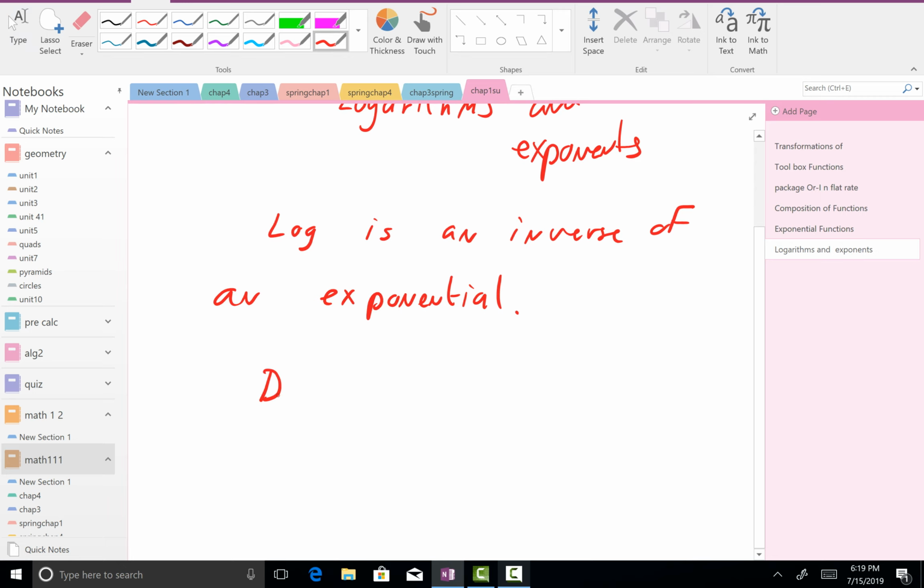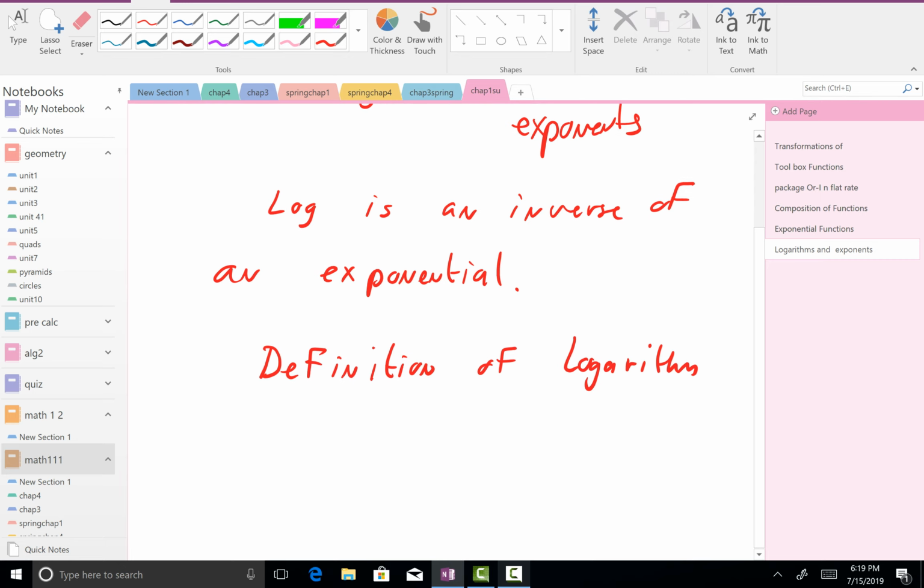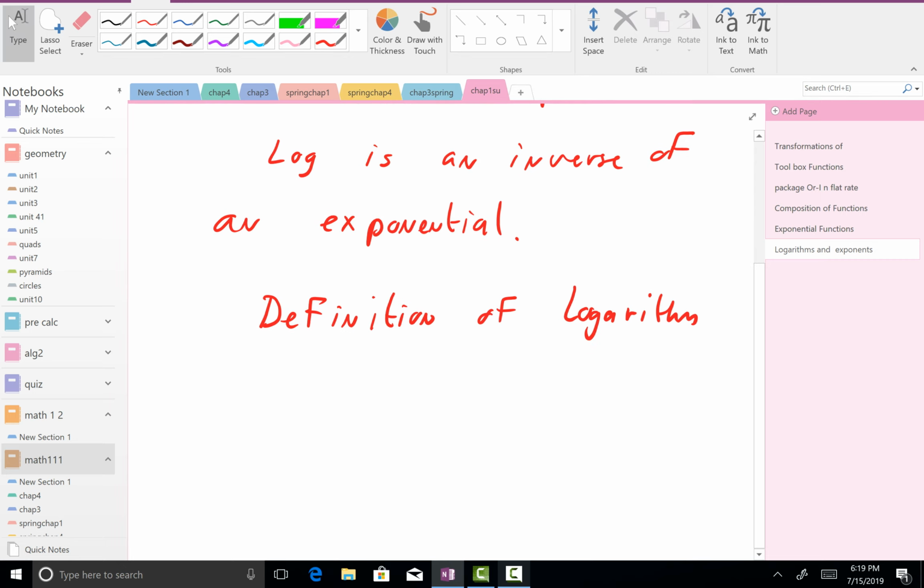Now, there's something that's really important when we're doing logarithms, and that's the definition of a logarithm, and it comes from this idea of it being an inverse of an exponential. So if I go, say, y equals 10 to the x, then that can be written as the log, and remember, the domain and range switch.